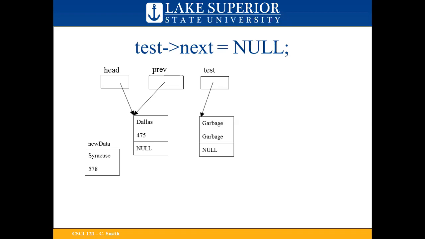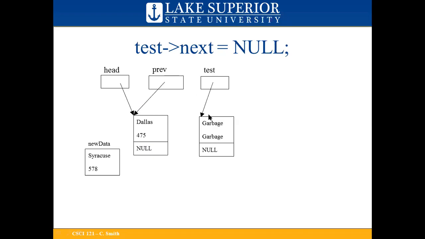And now I've got to go back and point previous's next pointer to test. So I do that, previous arrow next equals test. And so see what happens there? We've got a null in previous next, because we walked off the end. So previous arrow next is null.